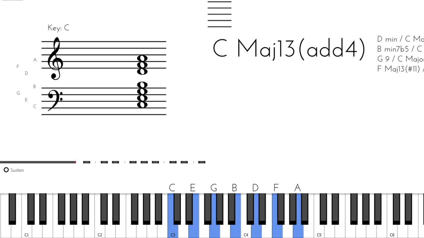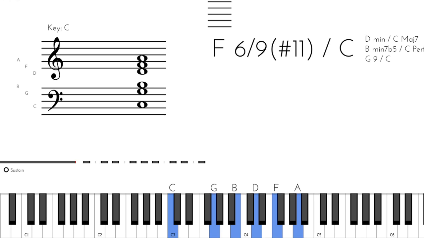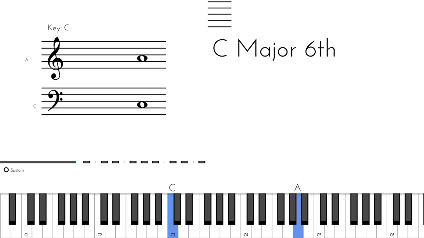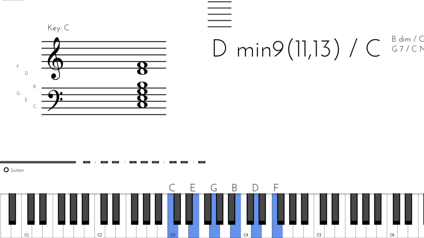C major, because the first root is C. Major because it's along the major scale. And 13th because of how long it is. So C major 13th.